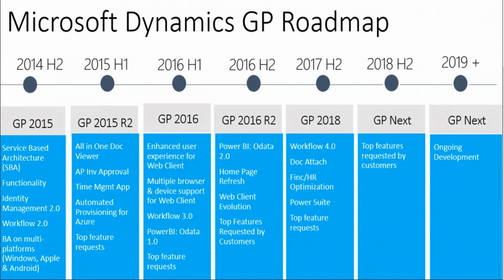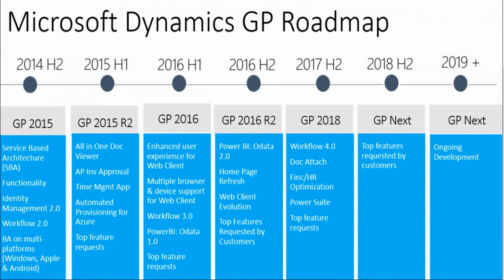And then GP, whatever it's going to be next, would be sometime in calendar year 2019. It doesn't help that the product now has the year on it, so it makes it a little bit confusing. They don't extend this out too far because they don't know what things will be called and what they'll be putting into the system.